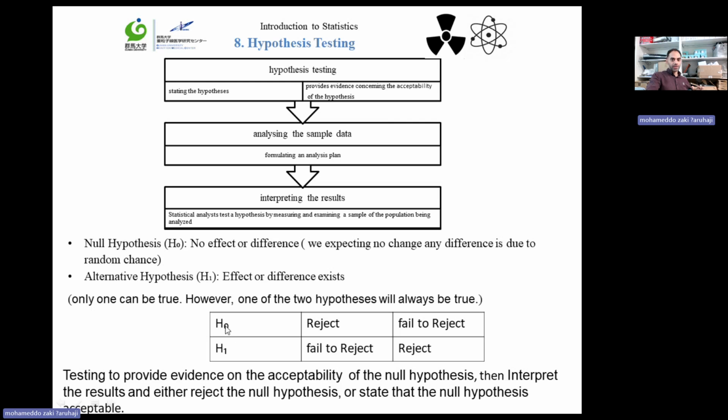If the result shows no effect, I fail to reject my null hypothesis, which means automatically I reject my alternative hypothesis. If the result of my experiment shows a difference, I reject the null hypothesis, which means automatically I fail to reject the alternative hypothesis.